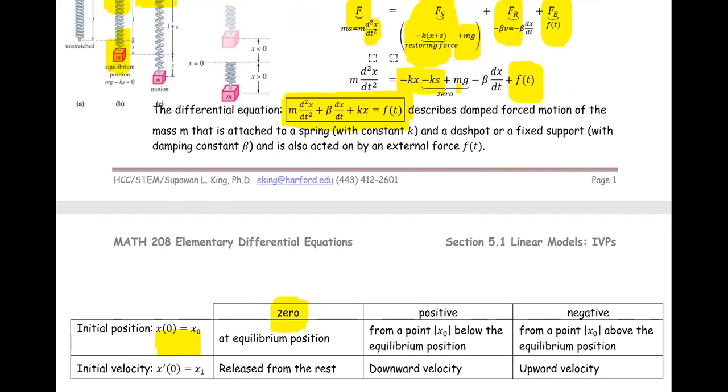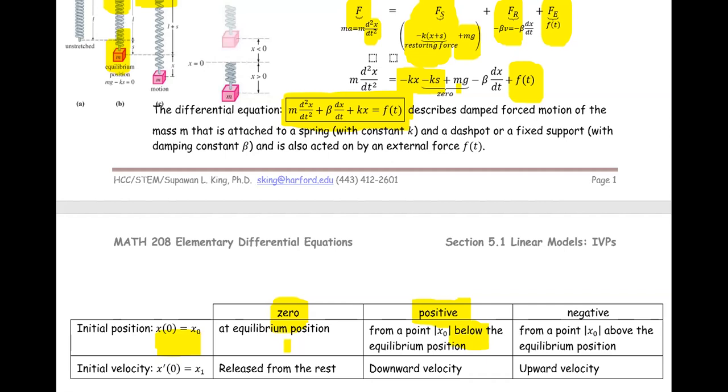If the initial position is positive, the mass is x subscript 0 below the equilibrium position because it's stretched, going down, away from the equilibrium position.